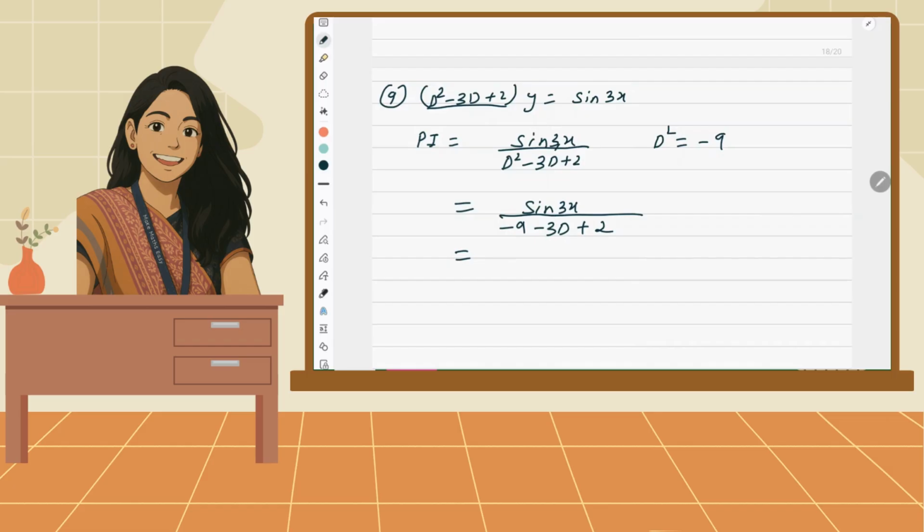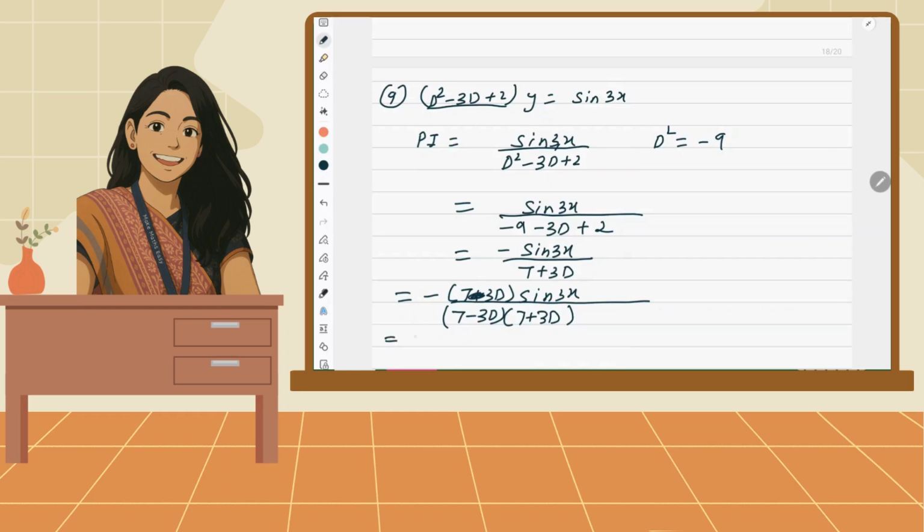So it will be sin 3x upon minus 7 minus 3d. So minus sin 3x upon 7 plus 3d. So let us rationalize it. Minus 7 minus 3d sin 3x upon, we should rationalize, so opposite sign, 7 minus 3d, 7 plus 3d.